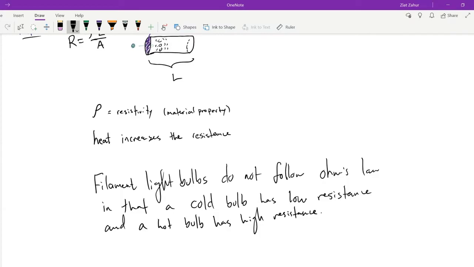So what you could do is turn it on and then use an ammeter to measure the current, use a voltmeter to measure the battery or the voltage, and then divide V divided by I, voltage over current, to get the resistance value. So you can find it experimentally, but you can't really measure it directly because of this heating phenomenon.